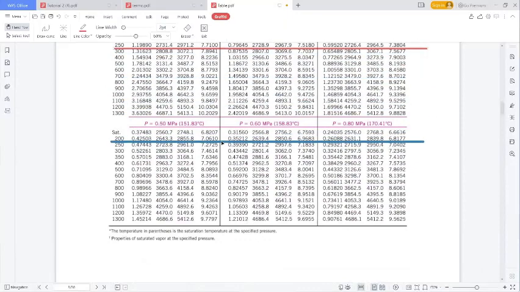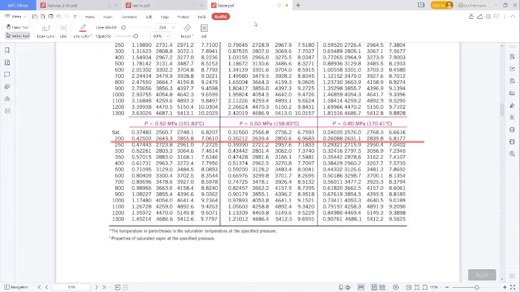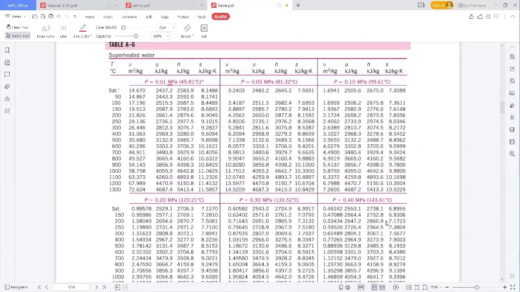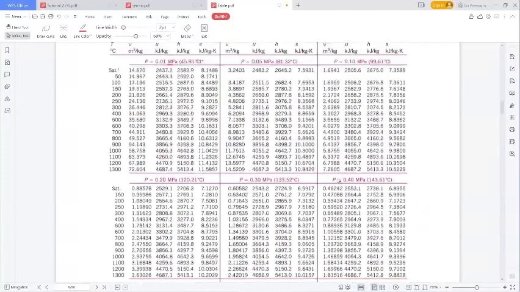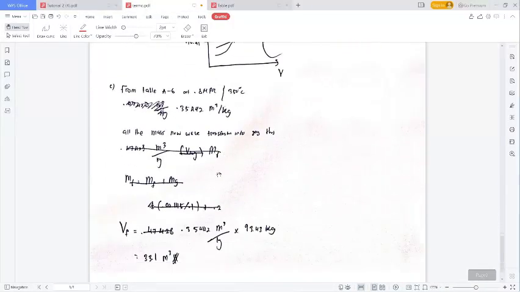Now, at 0.8 megapascal and 315 degrees C, the specific volume of the system is 0.35442 meter cube per kg.